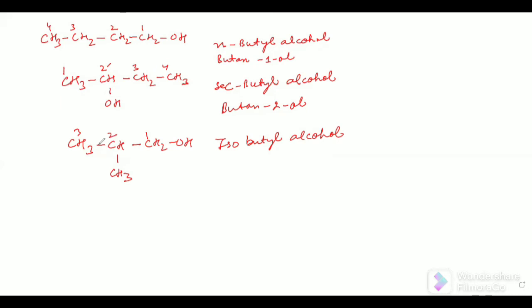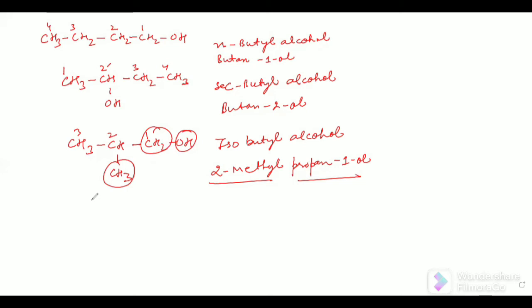So it will be propane. So 2-methylpropan-1-ol. On the second carbon, there is a methyl group and the OH group is on the first carbon. So 2-methylpropan-1-ol. In this way, we have to do the numbering.